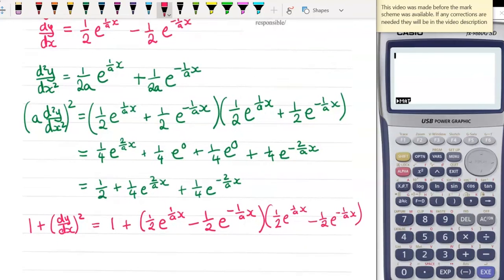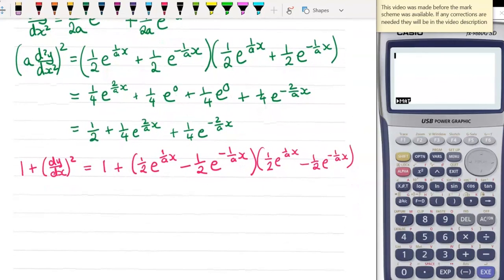And then we go through another similar process of multiplying out that bracket. So we have 1 plus. Okay, first term is going to be a quarter e to the 2 over ax minus a quarter e to the 0, where these two things multiplying together, the powers become 0. Then we have another one of those when we do this, those outside ones multiplied together.